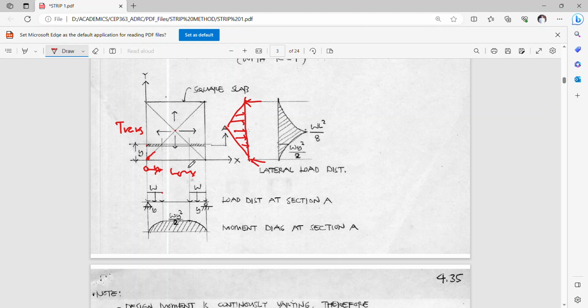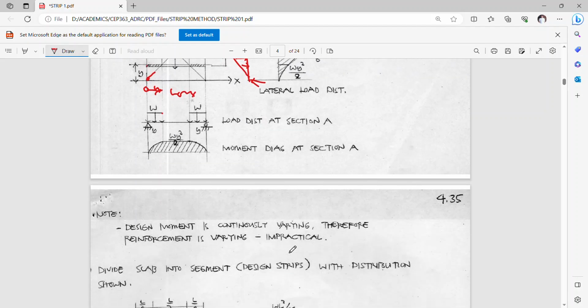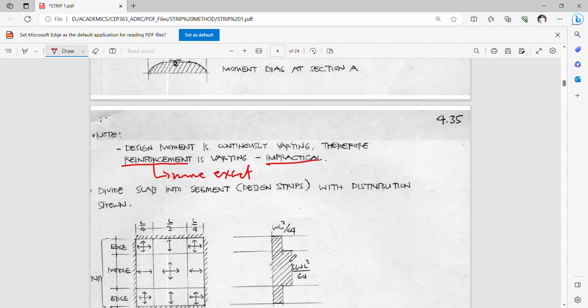But in the lateral distribution of the reinforcement, going from a 0 requirement up to a maximum requirement, it is not practical to make a continuously varying reinforcement layout. Although this is more exact, in actual implementation it is not recommended.